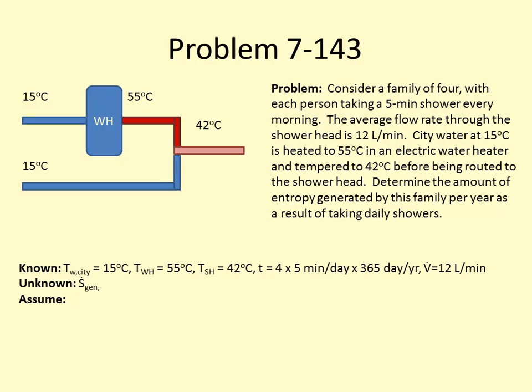M1 plus M2 ends up being m dot 4. So it ends up being m dot 4 times S4 minus S1, which equals 4.46 kilojoules per minute. We plug in all the numbers for that.